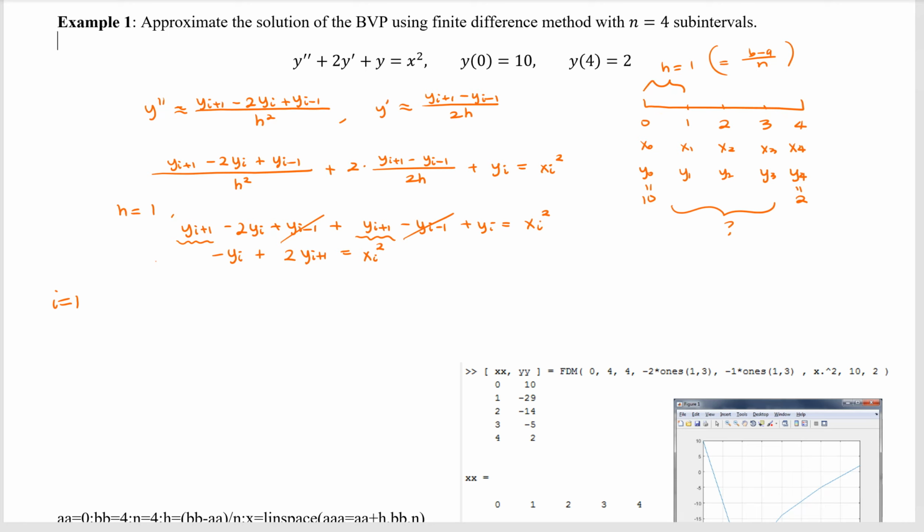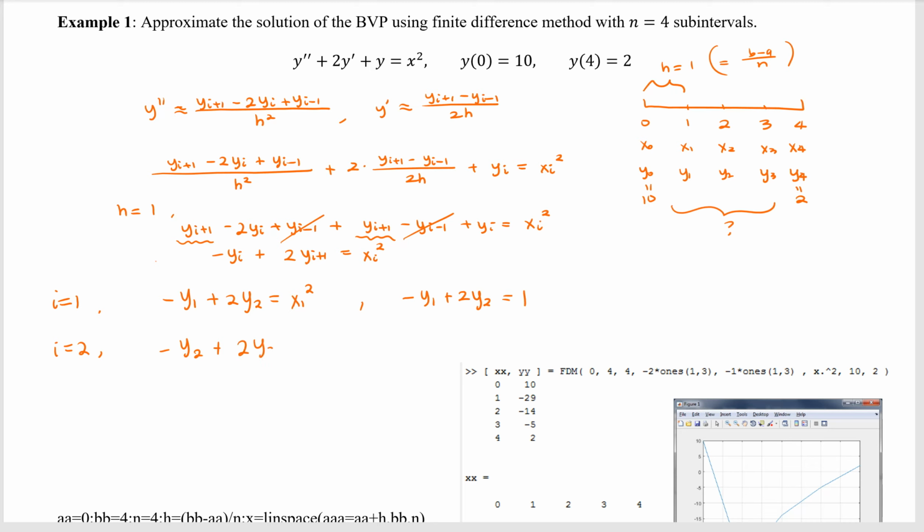When we plug in i equals 1, we get minus y1 plus 2y2 equals x1 squared. And what is that? Well, y1 is what we want, right? So we have minus y1 plus 2y2 equals x1 is 1, 1 squared is 1.